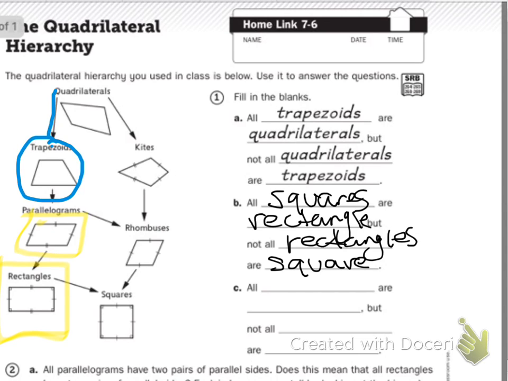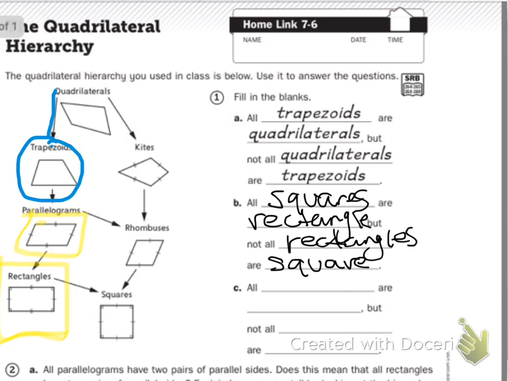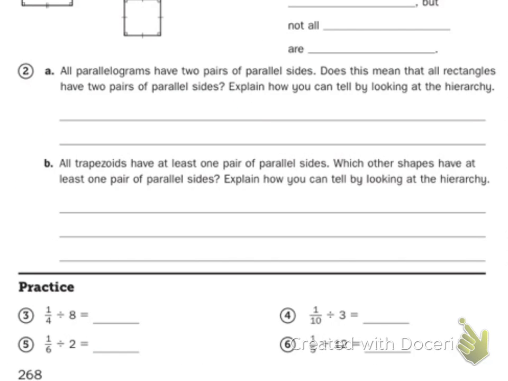Does this mean all rectangles have two pairs of parallel sides? I would say yes, because of the tick marks. My horizontal lines are parallel, and my vertical lines are parallel. So that is two pairs of parallel lines. So I'm going to say yes.